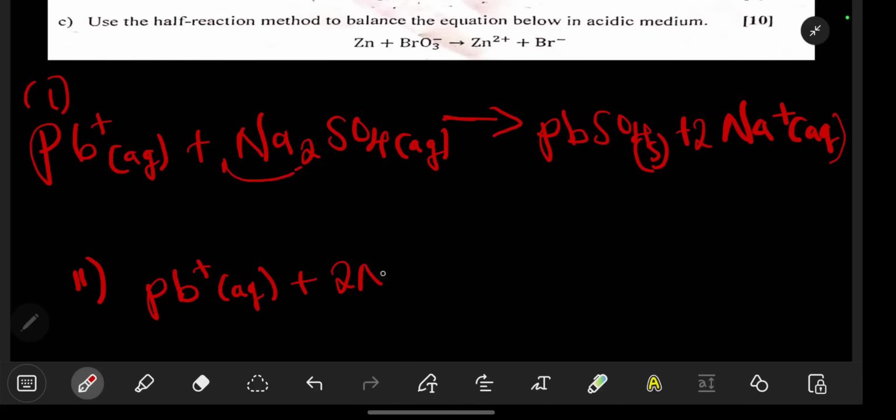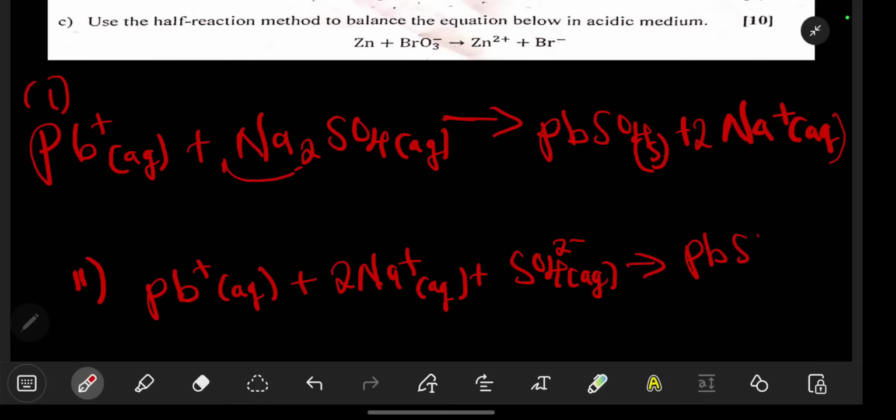We have 2 Na+ (aq) plus SO4, and the charge of sulfate is negative, 2-. Then this will produce our PbSO4, a solid, plus our 2 moles of sodium ion, which is also AQ.